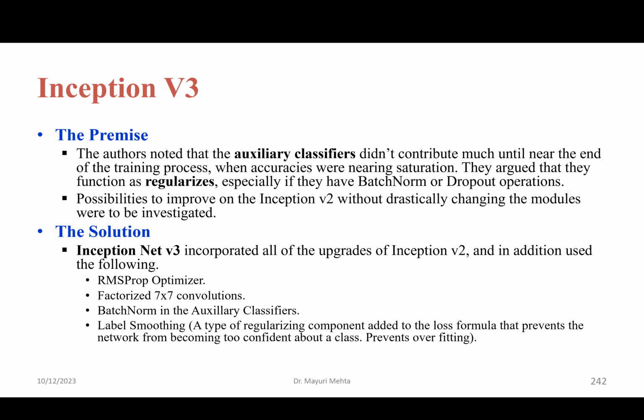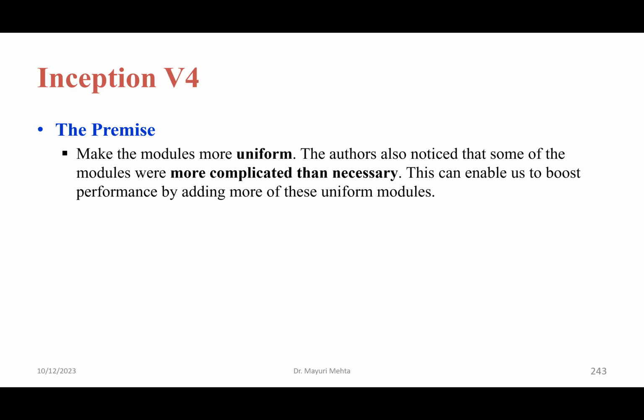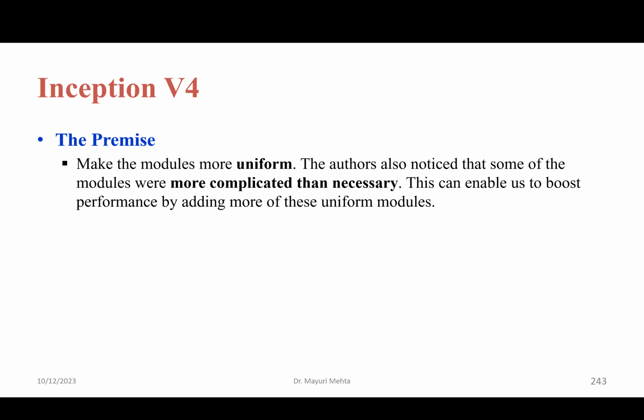Not only Inception version V3, they also proposed Inception version 4. What was there in Inception version 4 and what was the motivation for it? Apart from Inception version 4, one more version of Inception is available, and that is Inception ResNet.